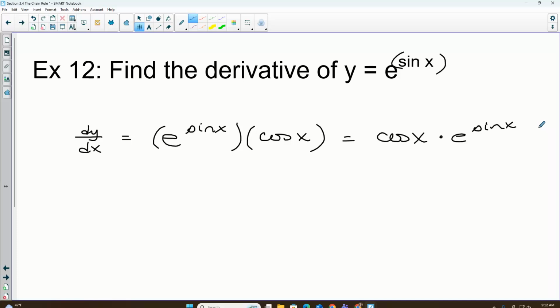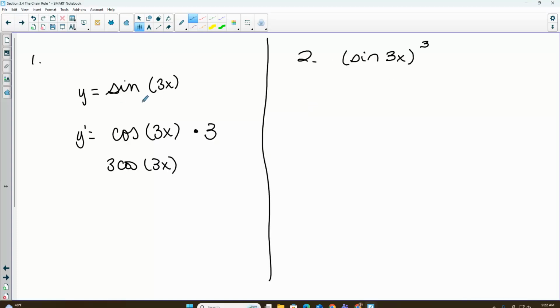I want to take a little break from notes. And we did number 1. When you do number 2, the exponent comes down, inside stays the same, subtract 1 from the power. Derivative of the inside, where have you seen that before?